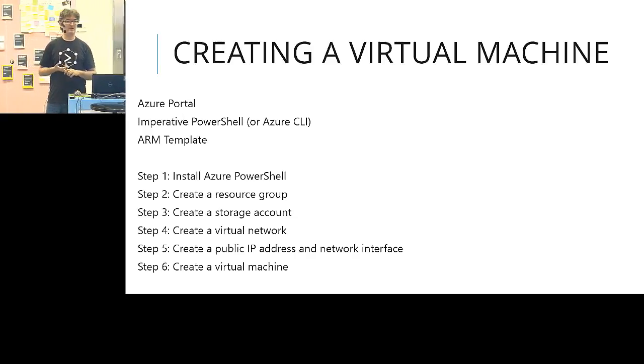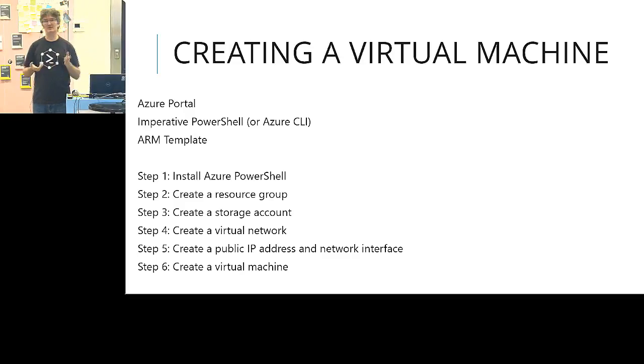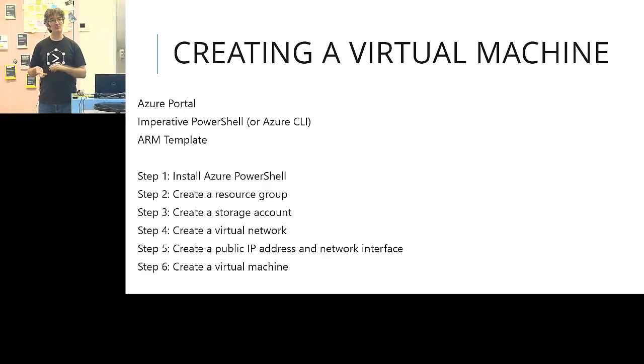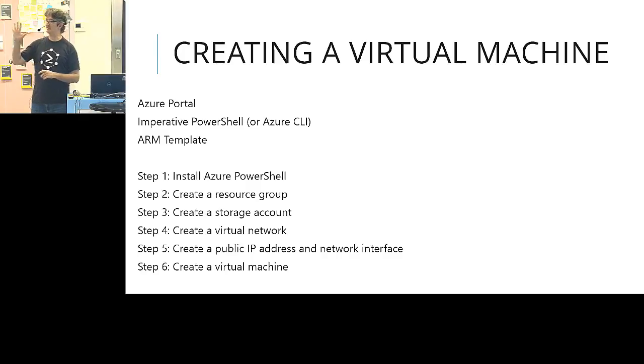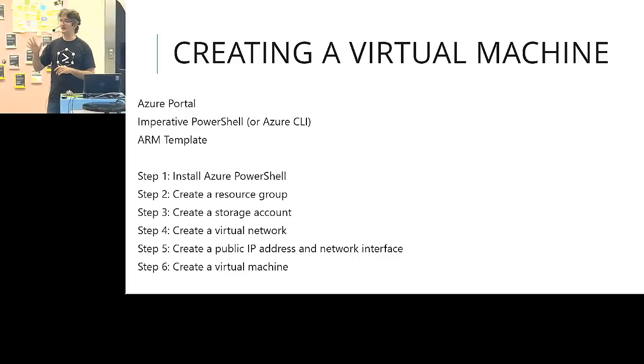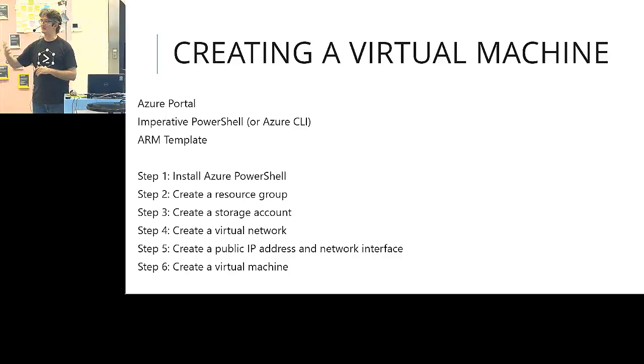Then you need a public IP address, maybe, but usually, especially for demos, when you work with single standalone machines, you need a public IP address, you need the NIC, and you need the virtual machine. So those are the 5 resources that you will need to create with your PowerShell. And you will see later that even when we work with the ARM templates in Visual Studio and we use one of those starter templates for VM, we will get those 5 resources as well.